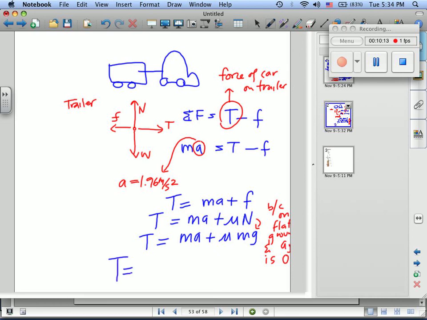So now I can go ahead and solve. That is 450 kilograms, the mass of the trailer, times 1.96, the acceleration we found from the first part of the problem, plus the coefficient in this problem was 0.15, again, mass is 450, and here I'm just going to put in 9.8.